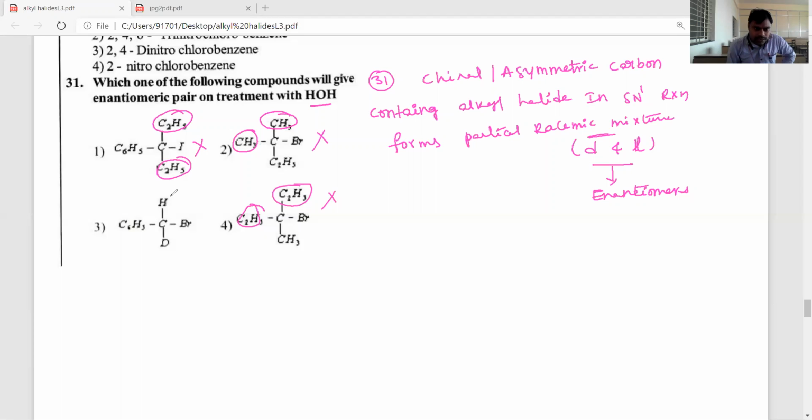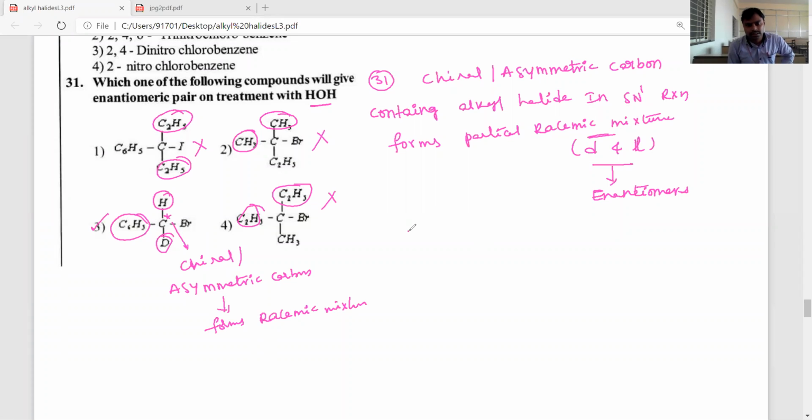Here C6H5, hydrogen, deuterium, and bromine: four different groups are present, hence it is a chiral or asymmetric carbon. Hence it produces enantiomers and forms a racemic mixture. So the answer is the third option.